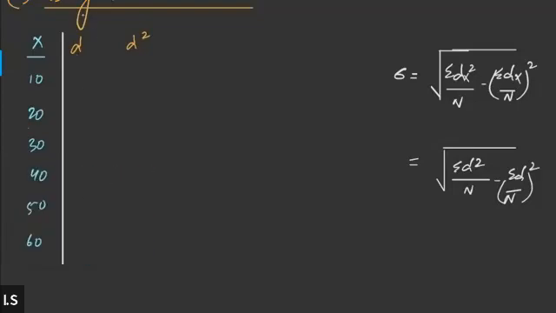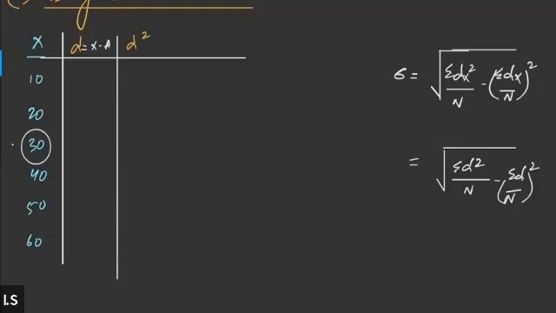I'm currently finding out sigma dx or d. So d will be calculated as x minus a this time. We won't be calculating the mean this time. We can directly calculate the deviation without calculating the mean. We will simply assume one of the values from the items as the mean. So let's suppose 30 is the mean. A will be 30.